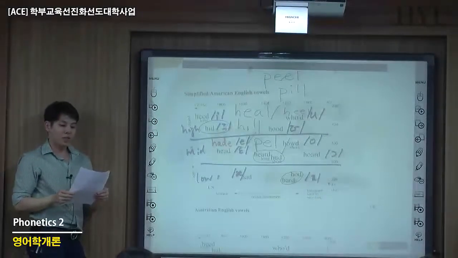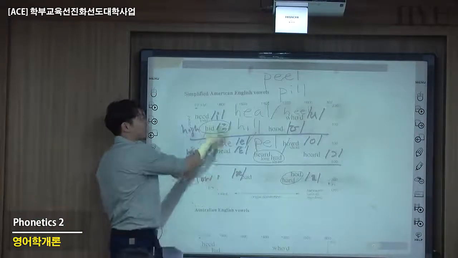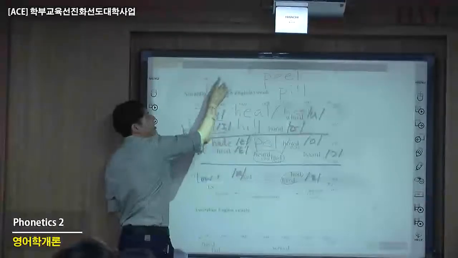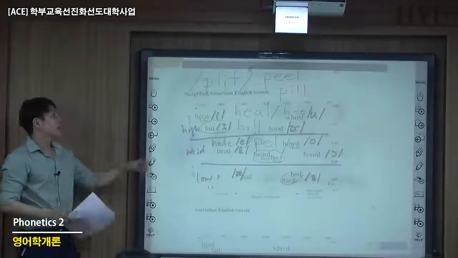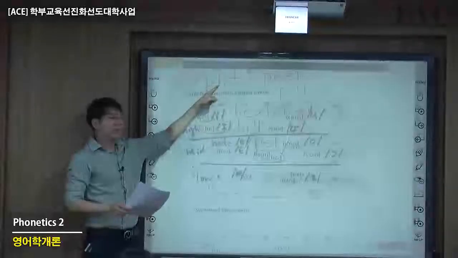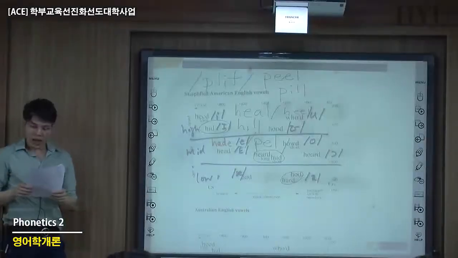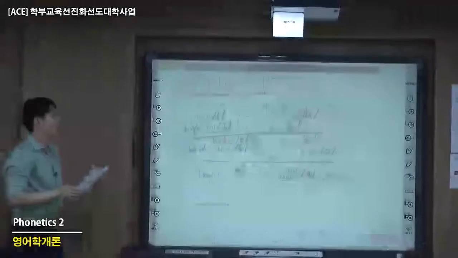Number 3, how do you pronounce it? Pleat, right? Pleat, which is the long one, pleat, like this, pleat, right? So this is a long sound, the 10th sound, so not the same, okay? And number 4, how do you pronounce it?